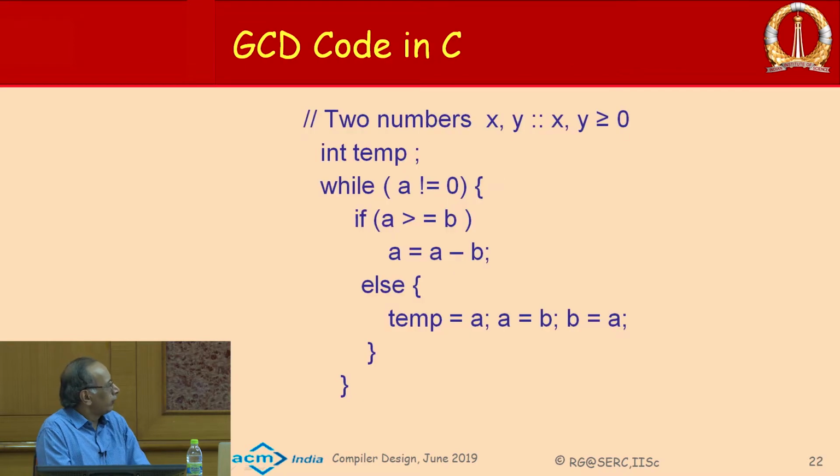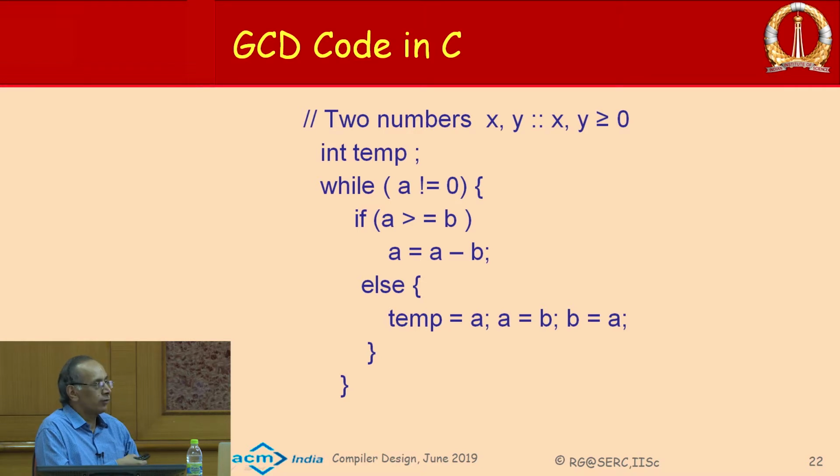I have a very quick example of a C code and a corresponding assembly code for that, just to say that it's not very difficult to read the assembly code. So what does this code do? GCD. It essentially finds the bigger number, subtracts the smaller number from it, and keeps doing that.